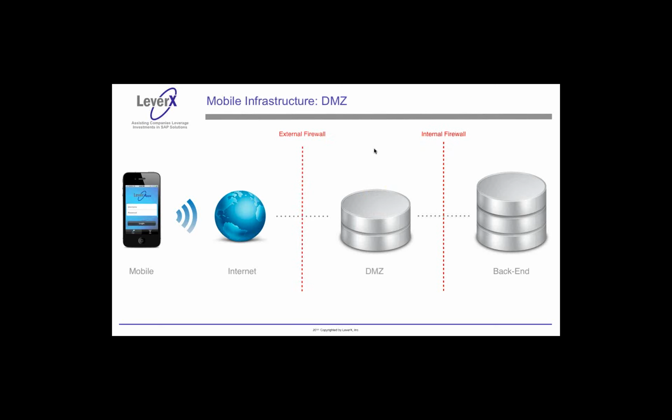The other example that I'd like to show you is that you can use this middleware as a demilitarized zone. So for instance, if you're doing some kind of maintenance information, you can access that information in a demilitarized zone that comes from an external firewall into an internal firewall. The other thing that you can do is use a cloud to access your mobile device and then access the information from the external into the cloud-based system.